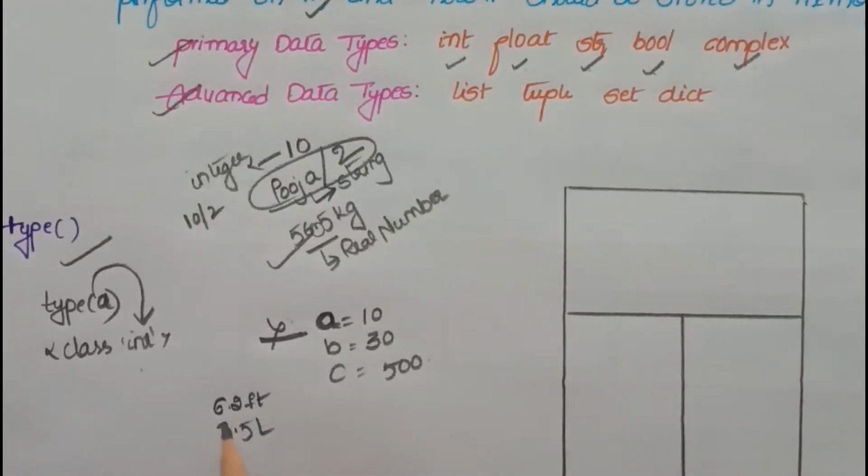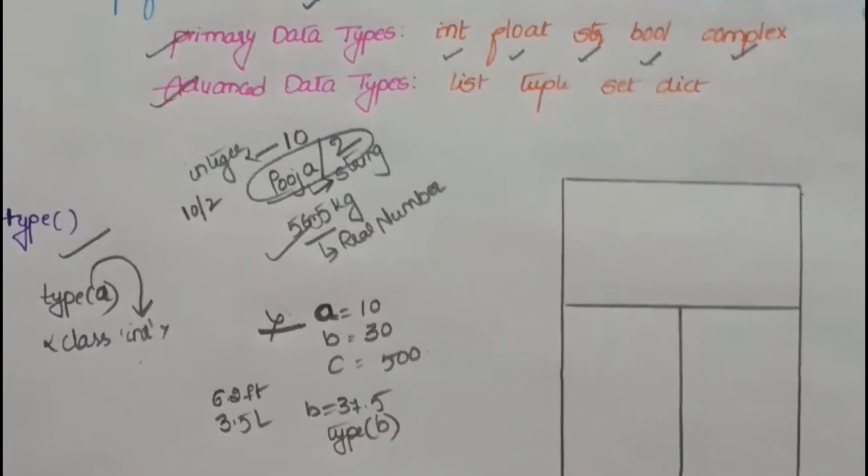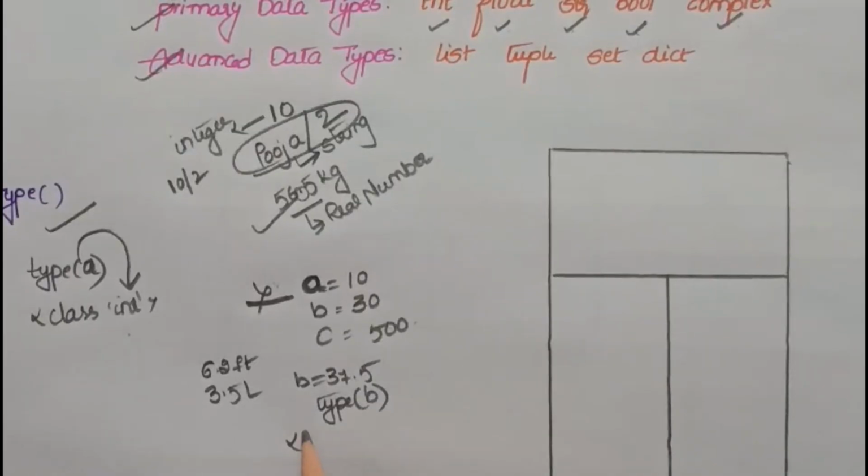Let's suppose I stored 37.5 in a variable b. Now if you execute type of b, it will return class float, meaning b is an object of class float.